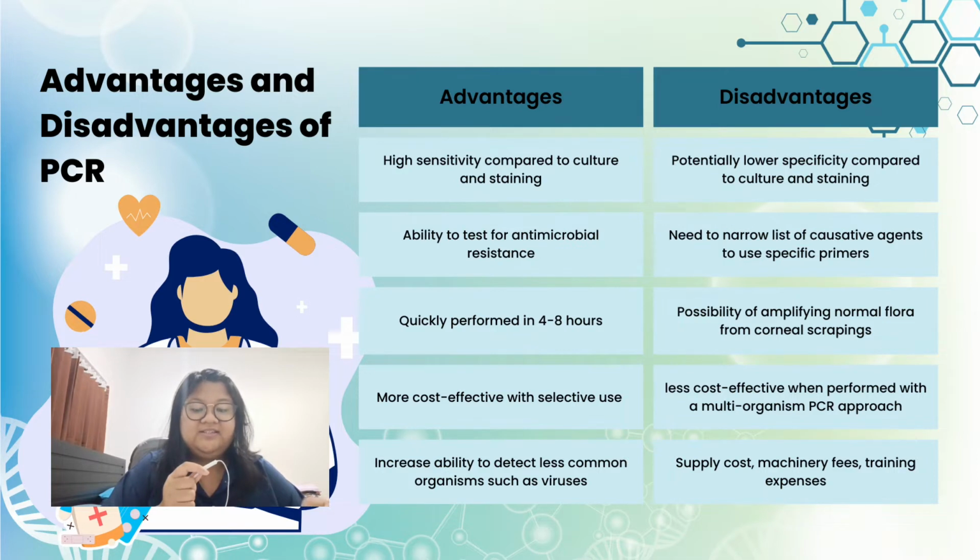For fungal keratitis, this rate was greater than the positive detection rate for culture, which is 35%, and stain, which is 65%. Overall, studies have reported that PCR has a higher sensitivity compared to the culture and staining methods, and also has a high possibility to detect less common organisms, such as viruses, which can be seen in its use to detect the existence of COVID-19 these days.